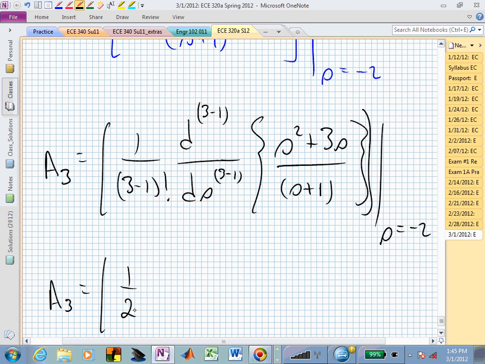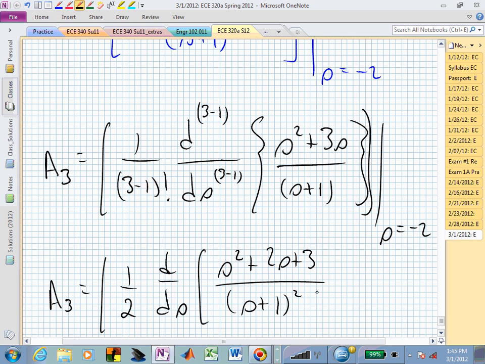And we have a 1/2, and then we differentiate once this piece that we had before, s squared plus 2s plus 3 over s plus 1 squared. So we just need to differentiate that piece with respect to s. Does everybody see what I'm trying to get you to understand or appreciate?